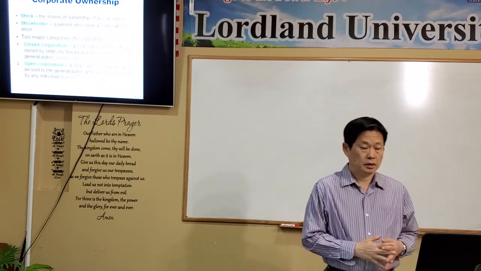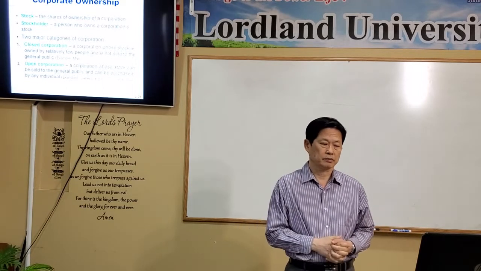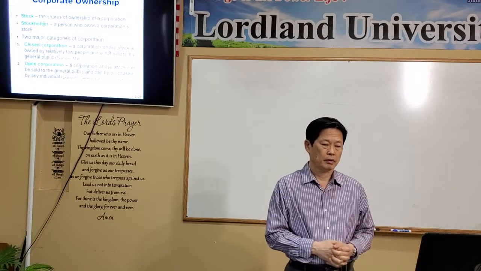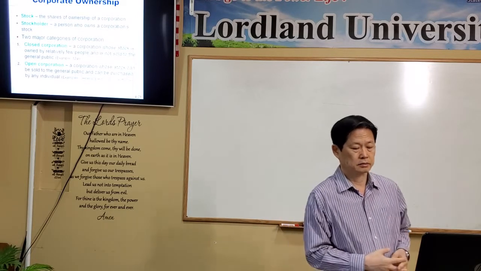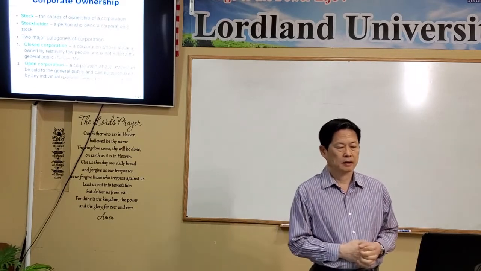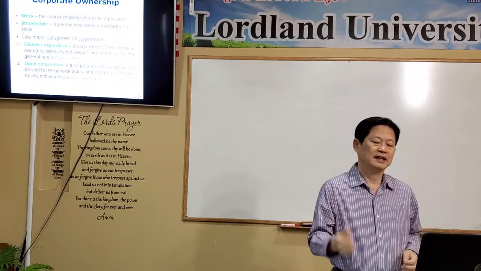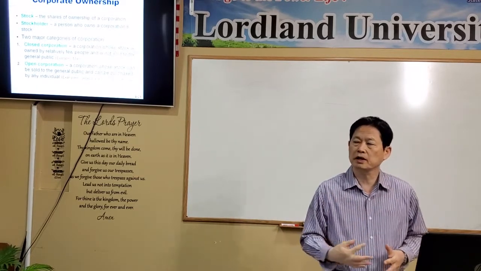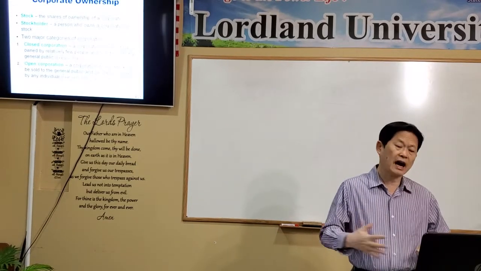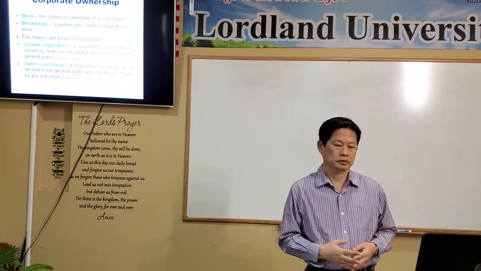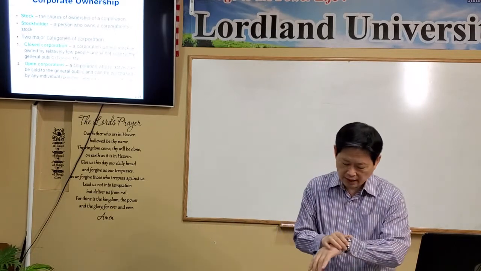Okay. Let's start with corporate ownership. What is corporate ownership? The stock, common stock, represents a share of the ownership of the corporation. A stockholder is a person who owns the corporation's stock.